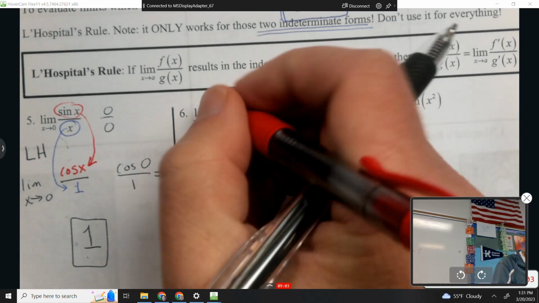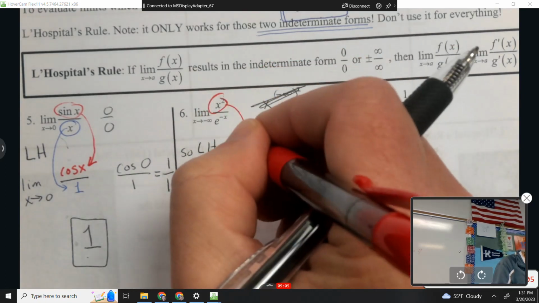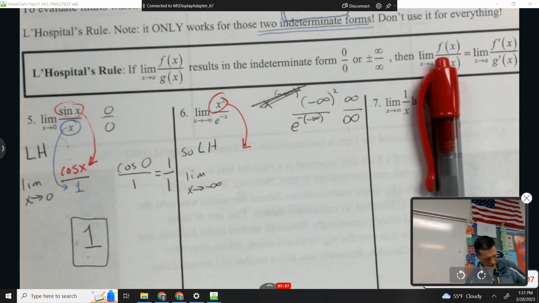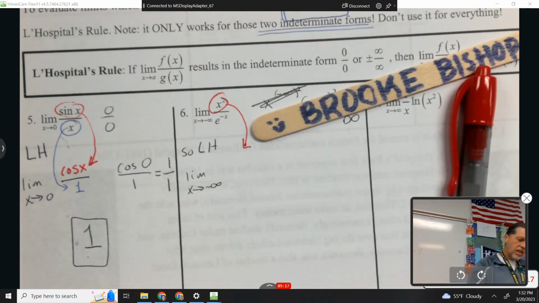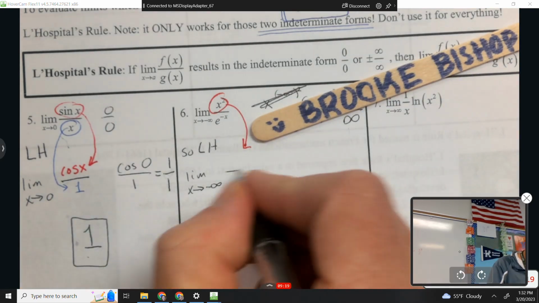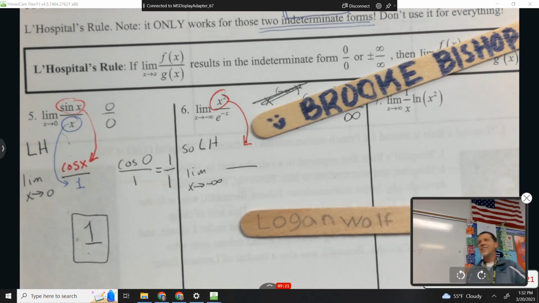So derivative of x squared, let's see. We can do these. Brooke, no pressure. What's the derivative of x squared? 2x.